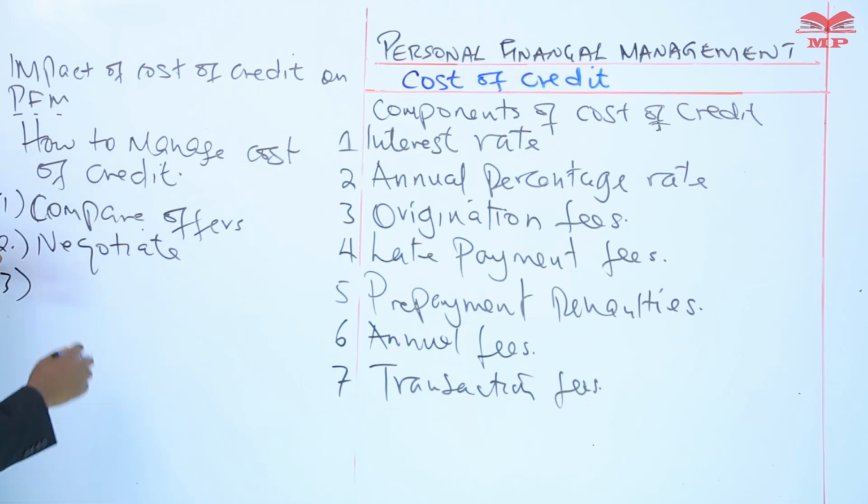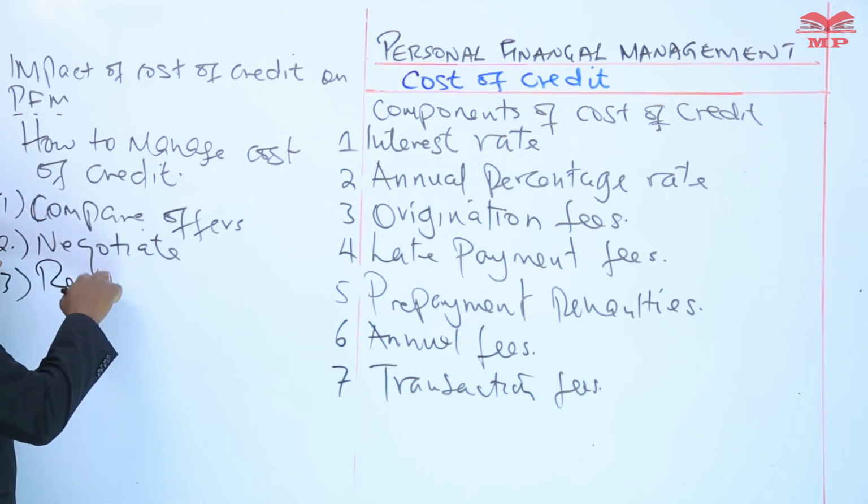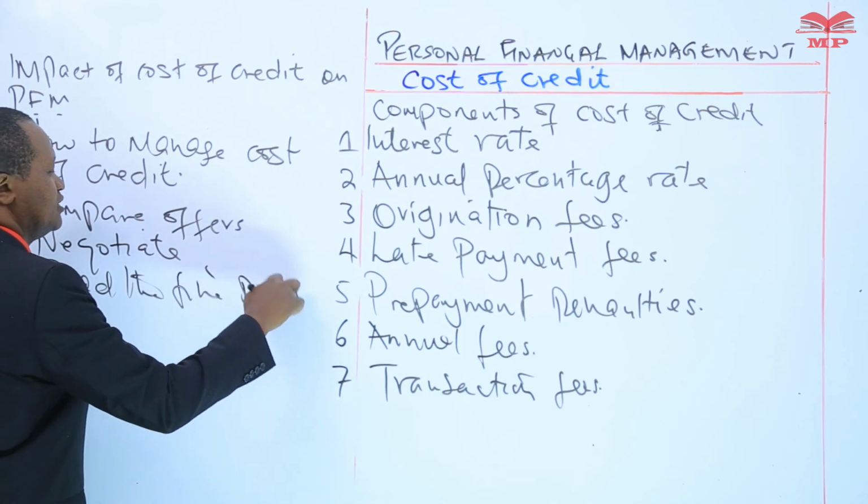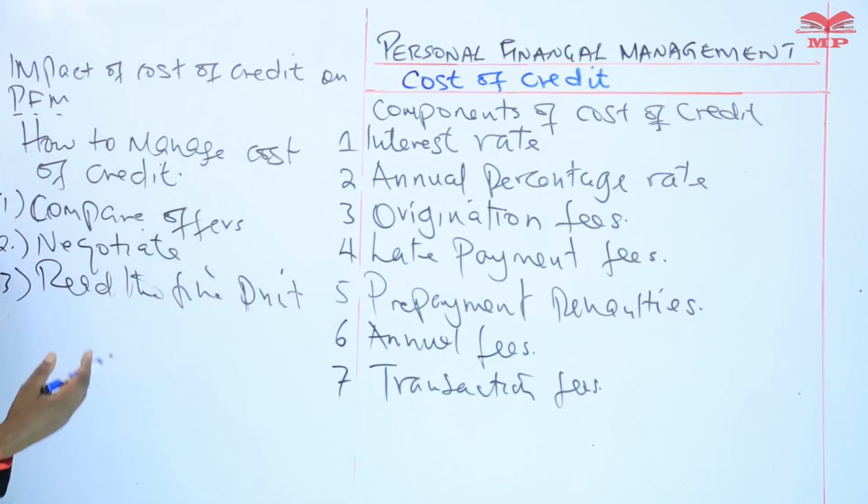Read the fine print. What does that mean? Study the terms and conditions of loans. Thoroughly understand all the terms and conditions associated with credit so that you can avoid hidden costs.